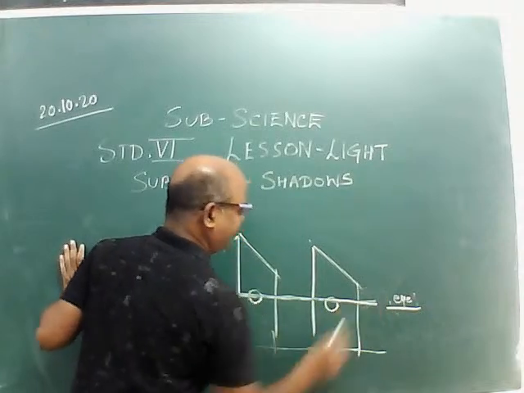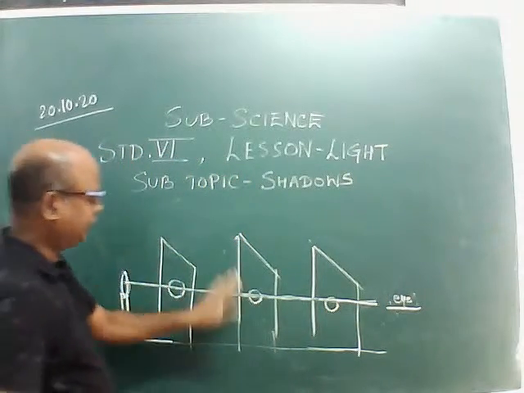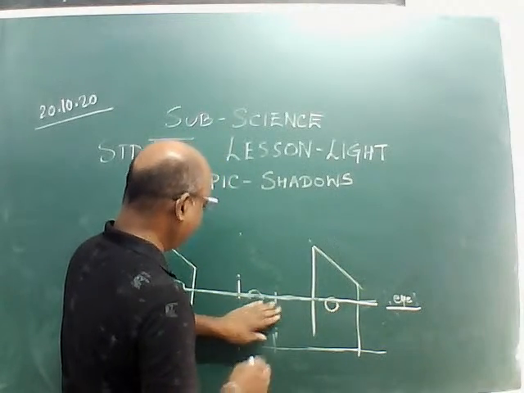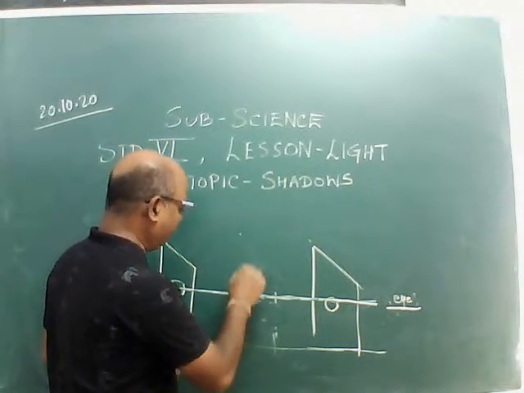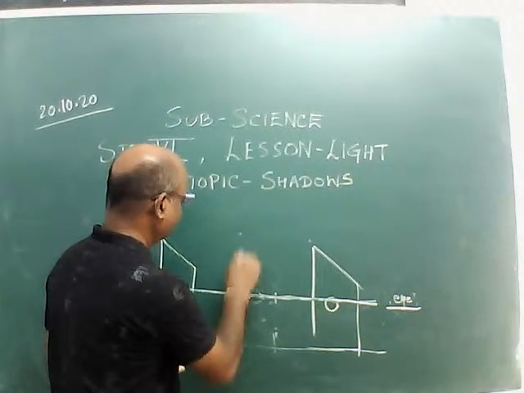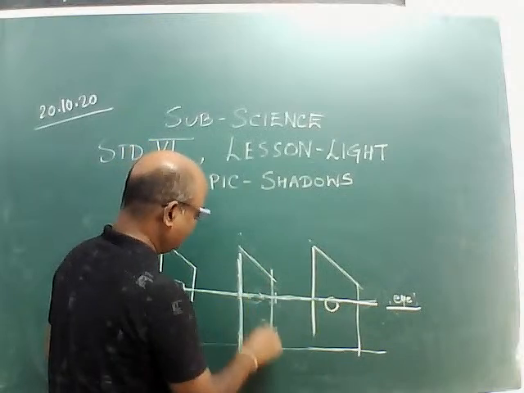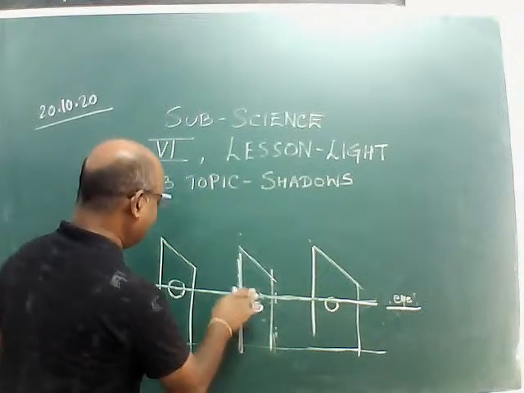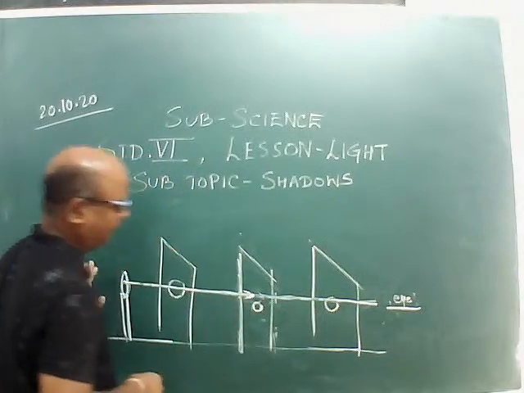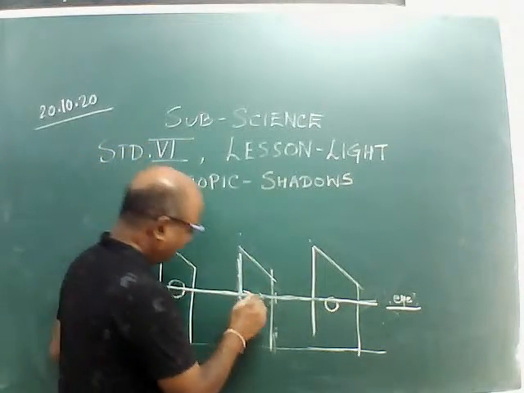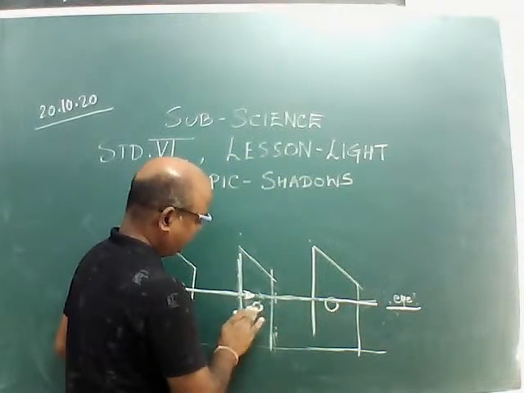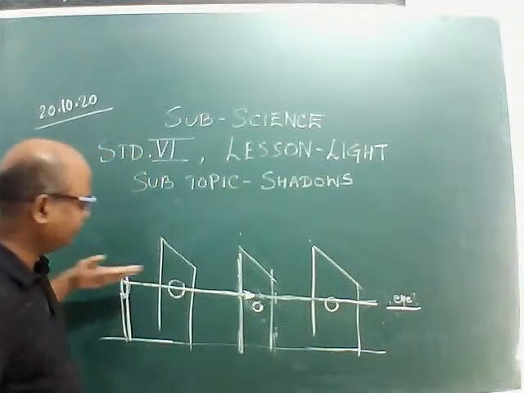Okay, but if you move this board, now it is not in the center, suppose it comes somewhere here. Then this light which is passing through it will come here and it will be blocked here. Light doesn't know how to bend and go. Okay, so light always travels in a straight line.